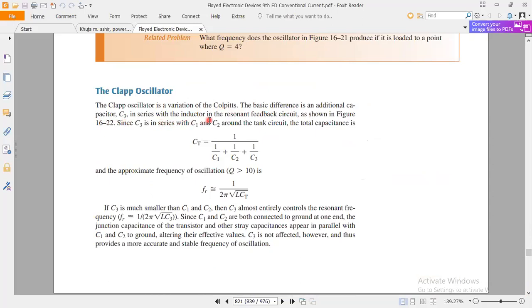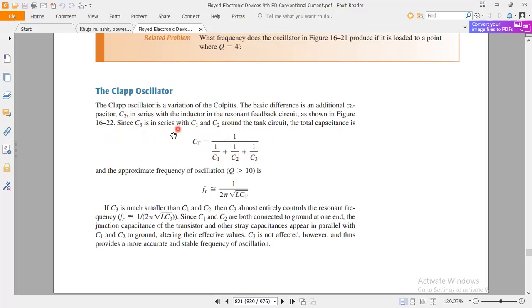Before the Clapp oscillator, in the Colpitts oscillator, there is no concept of a third capacitor, but the Clapp uses a third capacitor C3 in series with the inductor in the resonant feedback circuit, as shown in the figure below. Since C3 is in series with C1 and C2 around the tank circuit, the total capacitance would be CT equal to 1 upon 1 divided by C1 plus 1 upon C2 plus 1 upon C3.